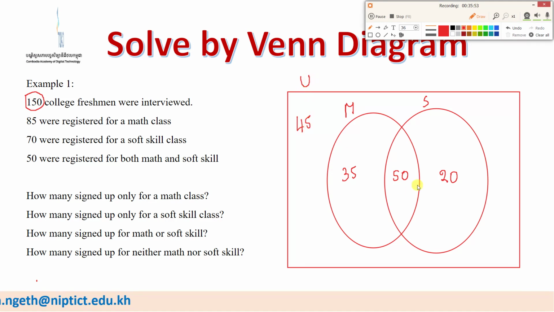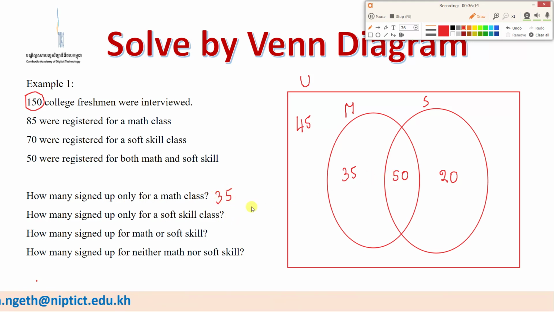This is the solving of the problem by our Venn diagram. How many sign up for math class? So it is only math class. Sign up only for math class. So this is 35.